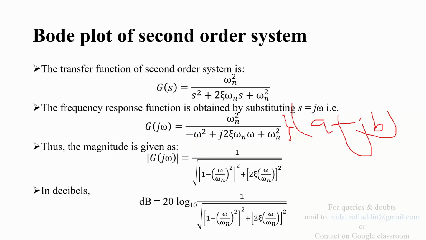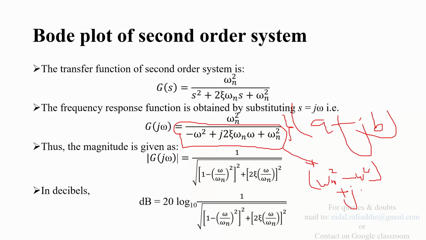So this can further be written in a plus jb form as omega n square minus omega square, which becomes a, plus j 2 zeta omega n omega. In fact, if you divide the numerator and denominator by omega n square, this becomes 1, this becomes minus omega by omega n square, and this becomes omega by omega n, and this also becomes 1.